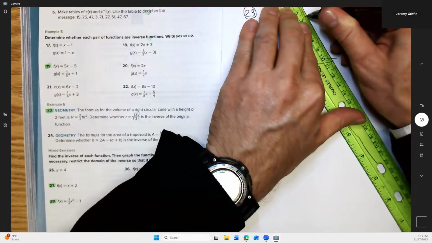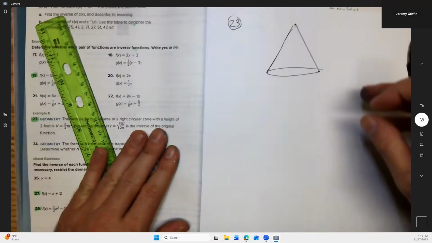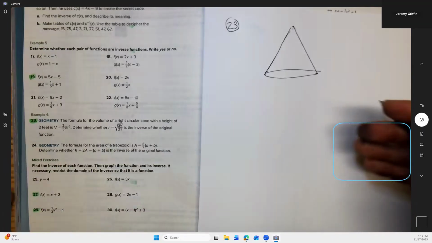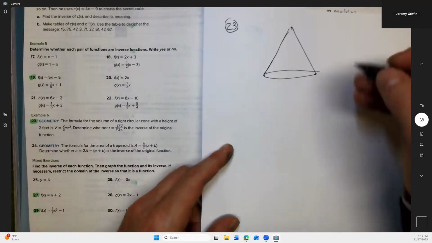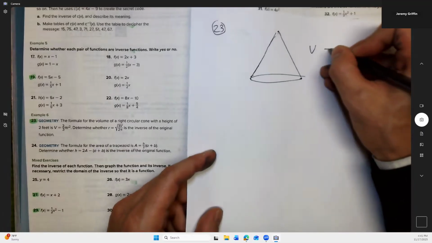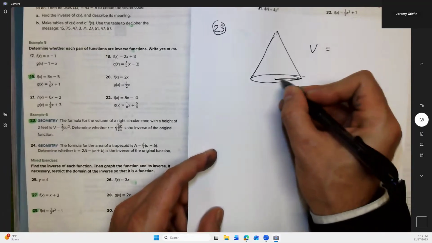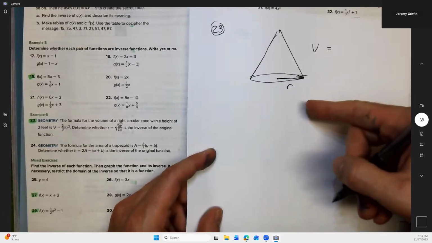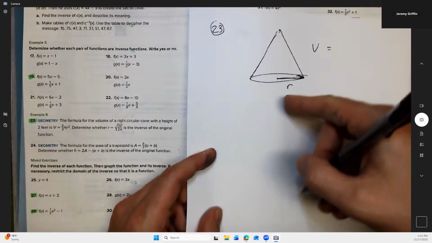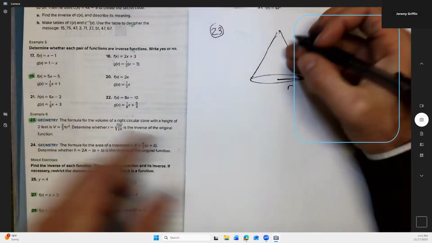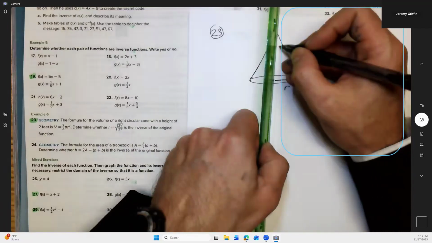Anytime you see anything come to a point like that, like in this case a cone, or maybe a pyramid like the Great Pyramid of Giza, you can find a volume by taking the area of the base. Here's the radius, so the area would be pi r squared, multiplying by this height and then dividing by 3.